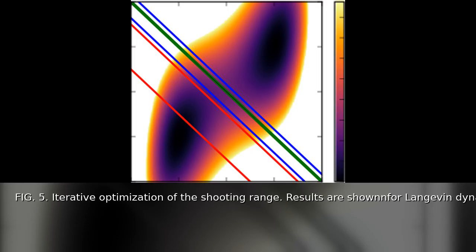The authors interpret these results as evidence that their algorithm successfully guides the shooting range toward optimal positions that maximize both the probability of proposing transition paths and their acceptance, thereby improving sampling efficiency while maintaining the correct statistical representation of the transition path ensemble.